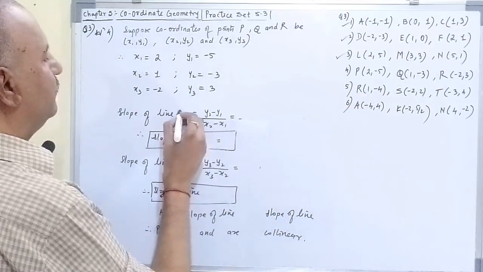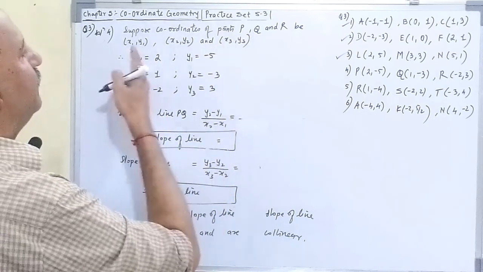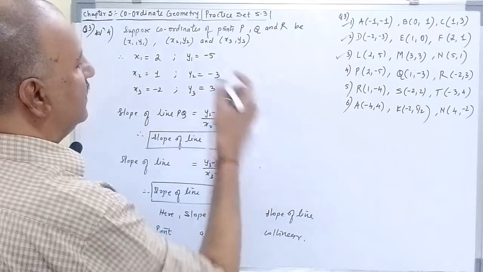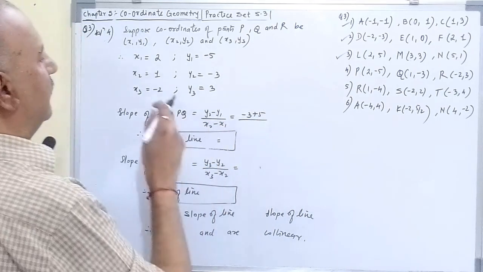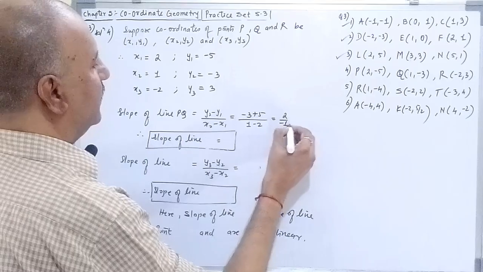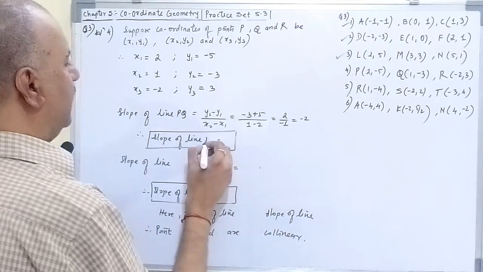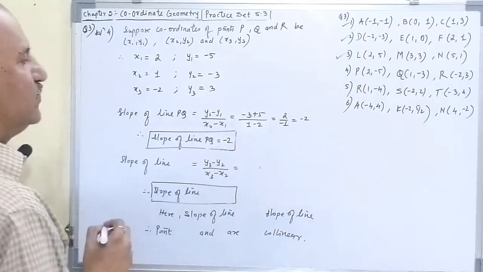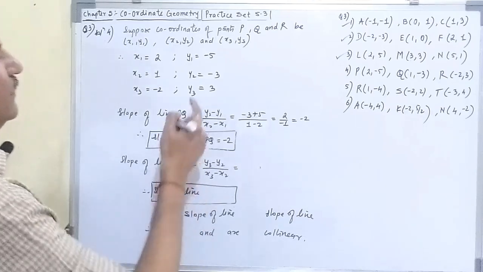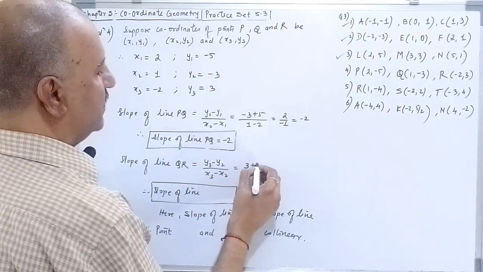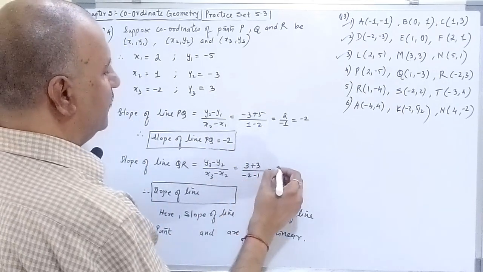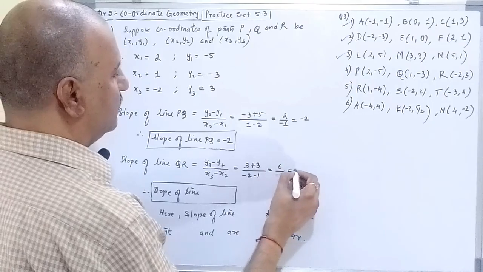So first is PQ. So what is y2 minus y1? -3 minus minus plus 5, upon 1 minus 2, so this is 2 upon -1, so the slope of line PQ is -2. Now QR, y3 minus y2, so 3 minus of minus will be plus, upon -2 minus 1, so this will be 6 upon -3 is -2.